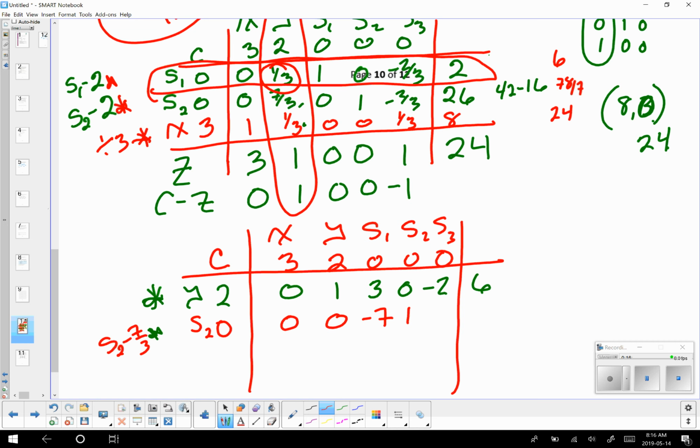Minus 2/3 minus a minus 14/3 is 12/3, which is 4. And 26 minus 7/3 of 6 is 12.